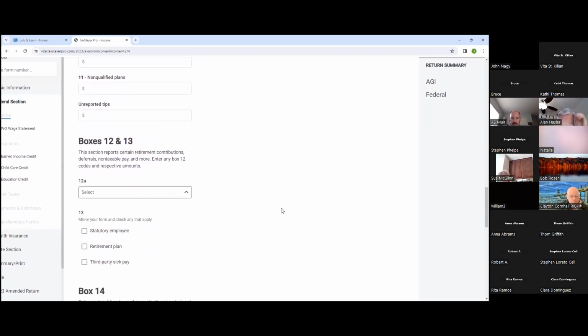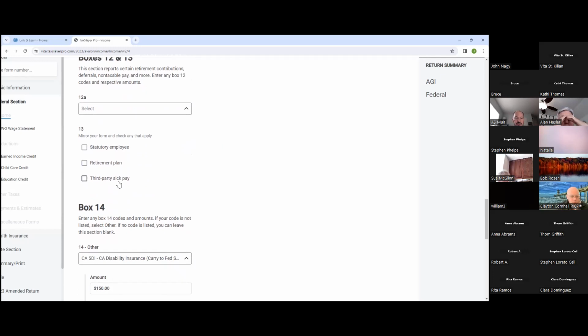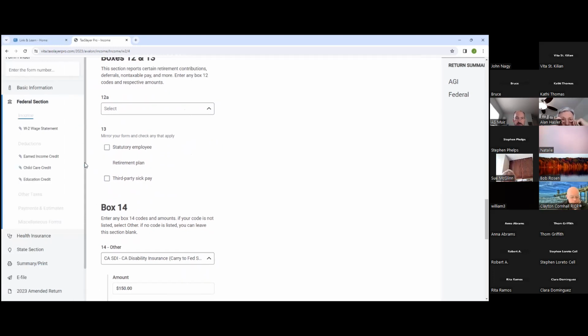We have nothing for box 12 and 13. That's typically your 401k or some type of tax-deferred savings program. Like when I was working for the IRS, I had a section 414, and so I had that box. A lot of times you're going to see taxpayers who will have a retirement plan. If that's the case, we check on that.